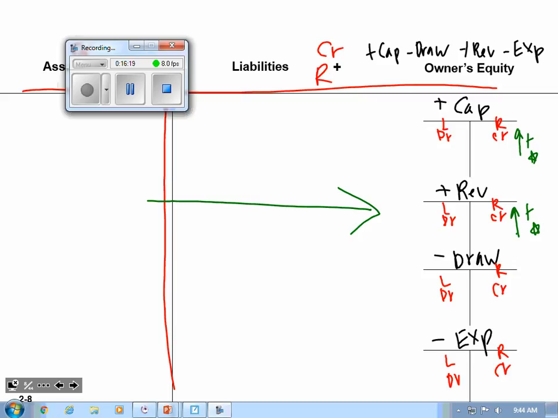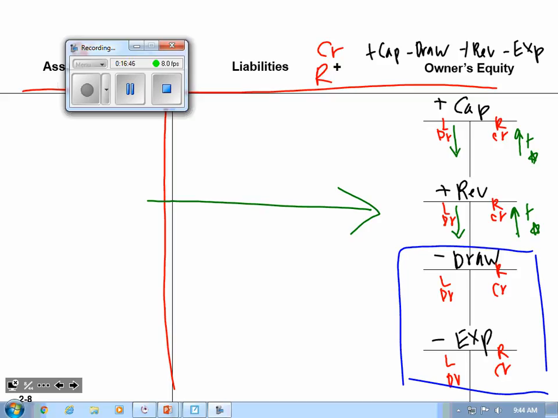Okay, so let's talk about capital a minute. If credit is the increase, what's the decrease? Debit. For revenue, if credit's the increase, debit's the decrease. Tell me about these two. Please square those like I just did. Do they make overall owner's equity go down?